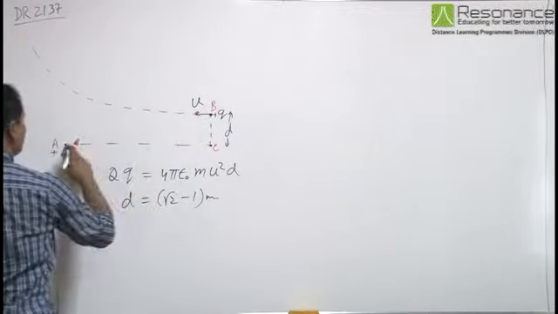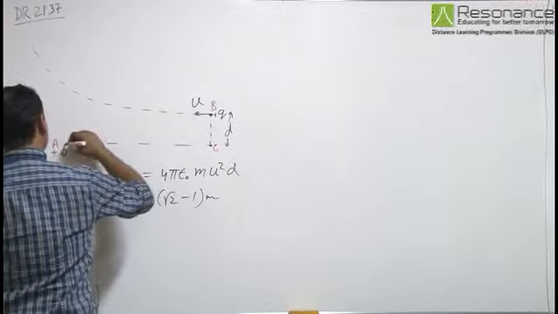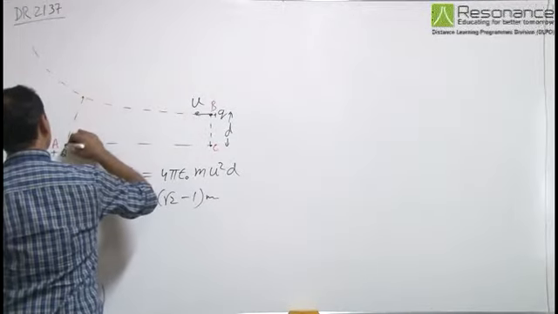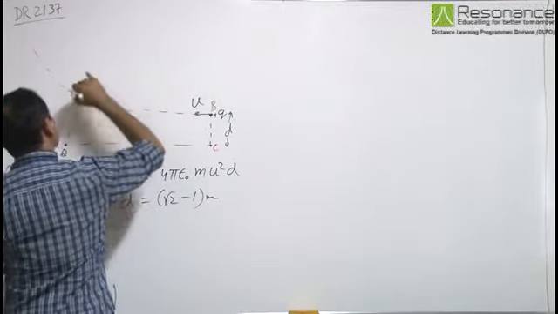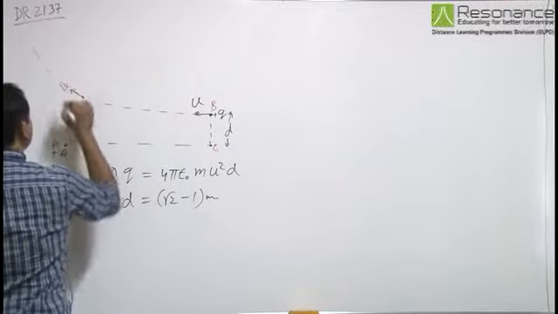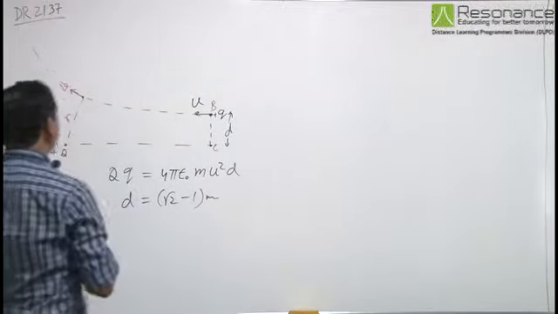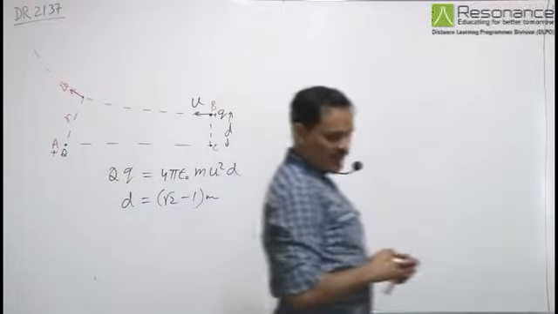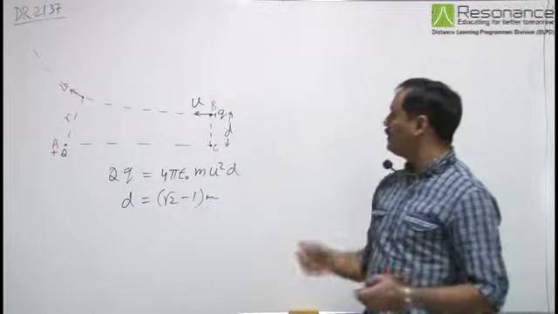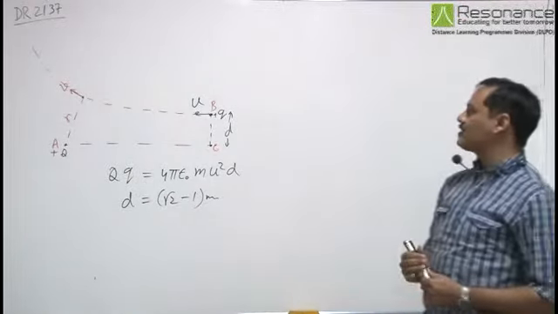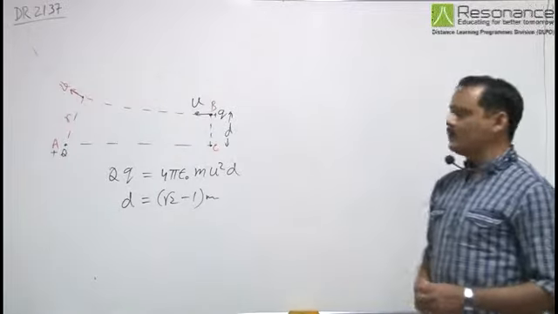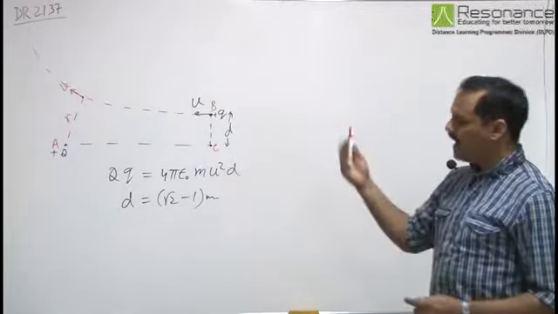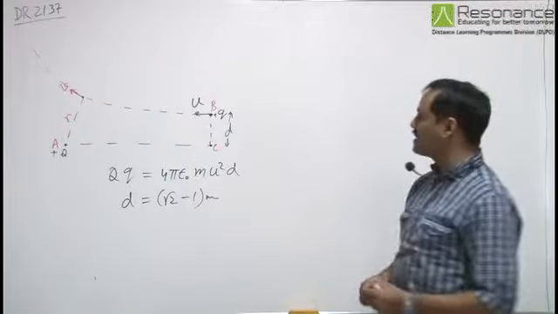Now because of the repulsion, let at the distance of closest approach, the velocity of the charge be v and distance be r. And as there is no external force on this charge system, or there is no external torque, so angular momentum will remain conserved.